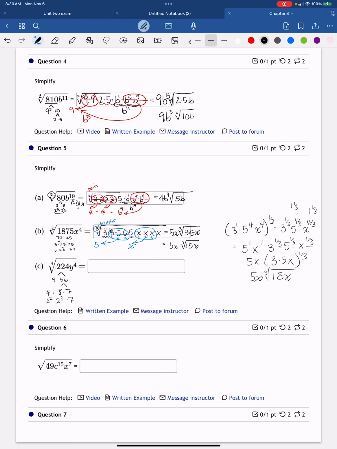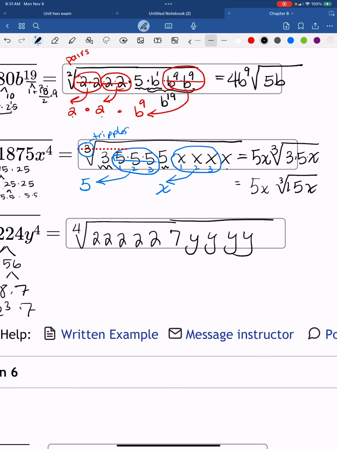So I am now dealing with a fourth root of 5 2's, 1, 2, 3, 4, 5, a 7, and 4 y's, 1, 2, 3, 4. Okay. So we're dealing with a fourth root, so we need quadruples, groups of 4.